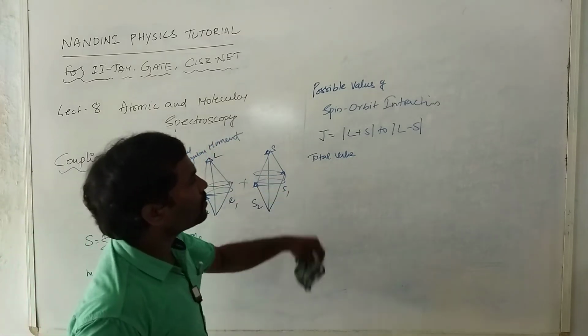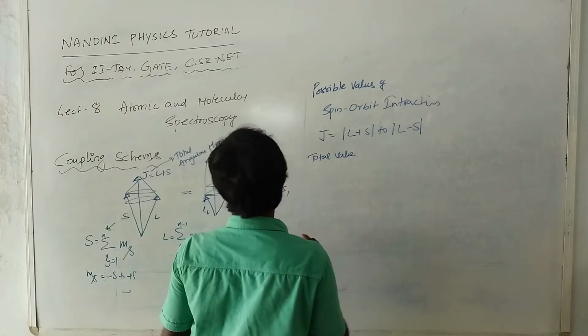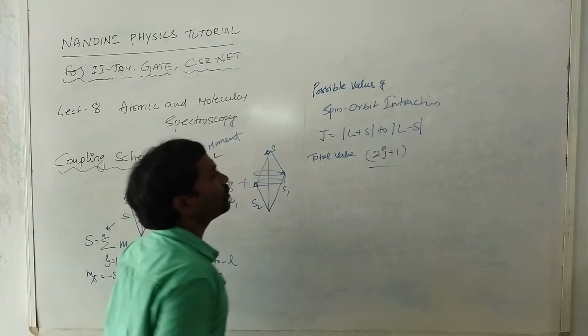So the possible values of total angular momentum are J is equal to L plus S to L minus S, and the total number of values is 2J plus 1.